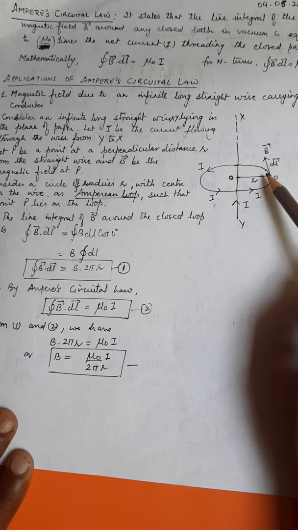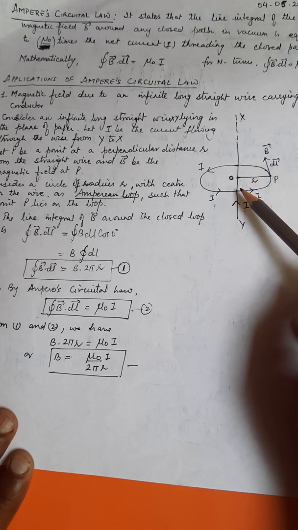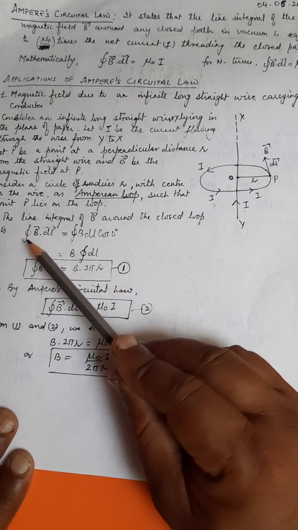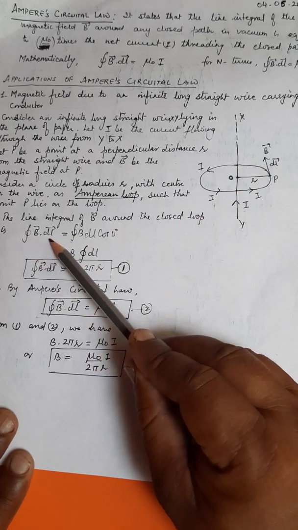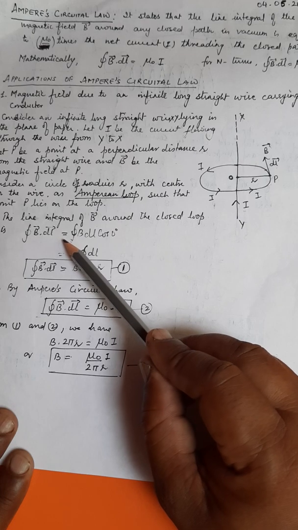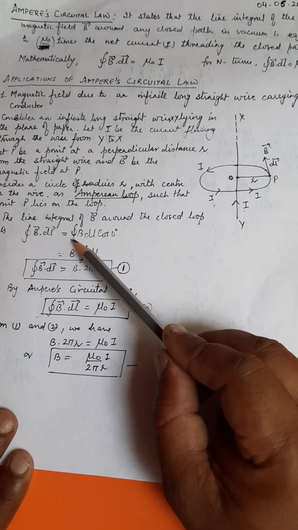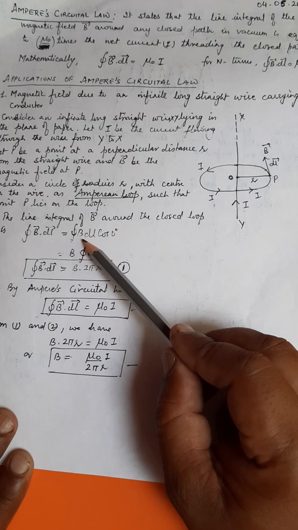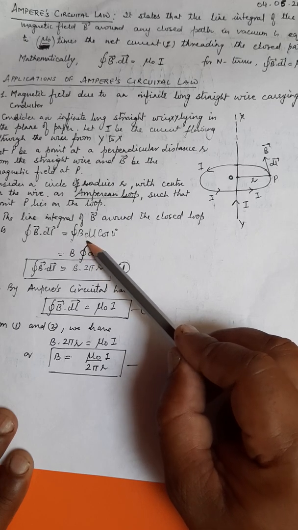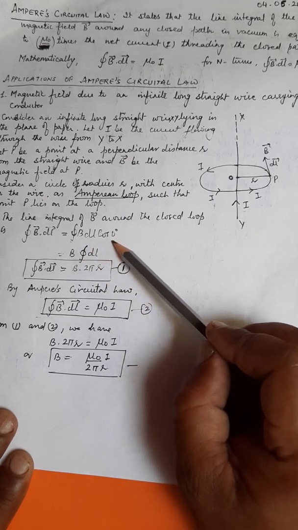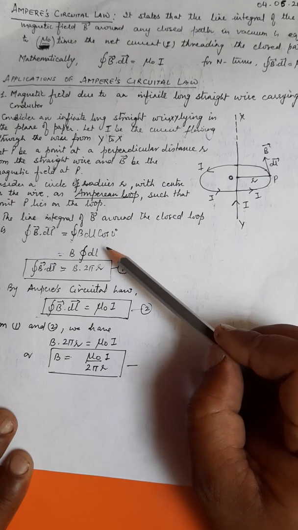The line integral of the magnetic field, closed integral of B dot dl for the closed loop, is given as B dl cos 0. Why cos 0?